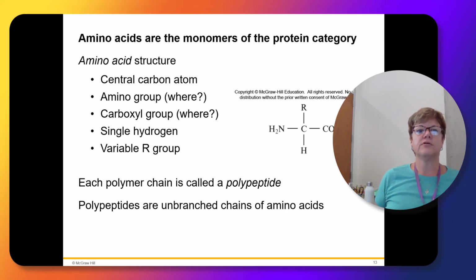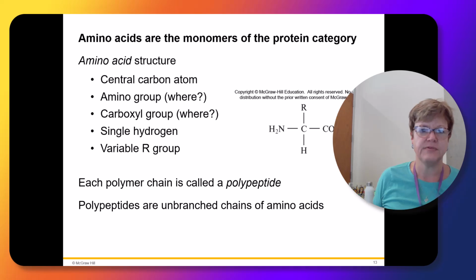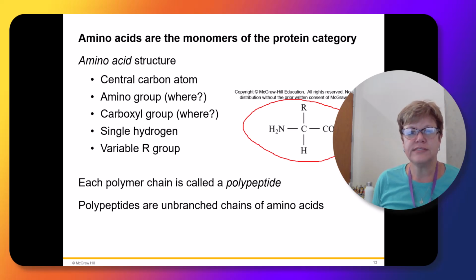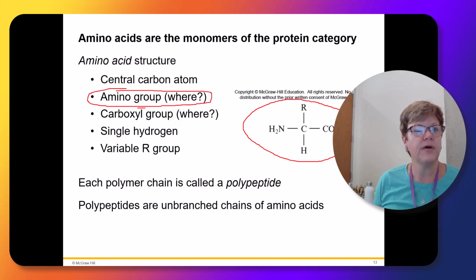So the monomers of proteins are called amino acids. The main structure of the amino acid that you would need to be able to recognize for the post quiz and the exam eventually is shown here. It's not a hexagon. What you notice immediately, I hope, is that there is an amino functional group and a carboxyl functional group in the amino acid.